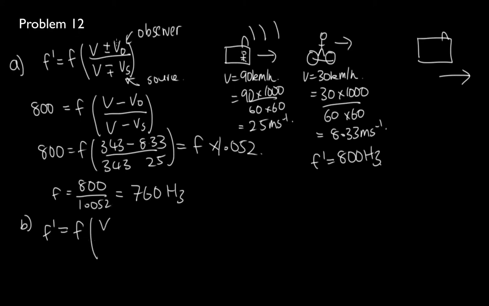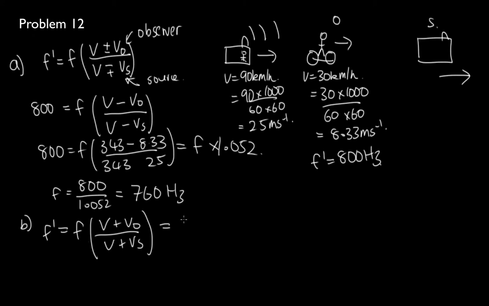Now, in this case, you are now approaching the source. This is the source, this is you, the observer, and so we have V plus V observer over, and now in this case, the source is receding from the observer, and so we need to take the bottom sign, the positive sign.